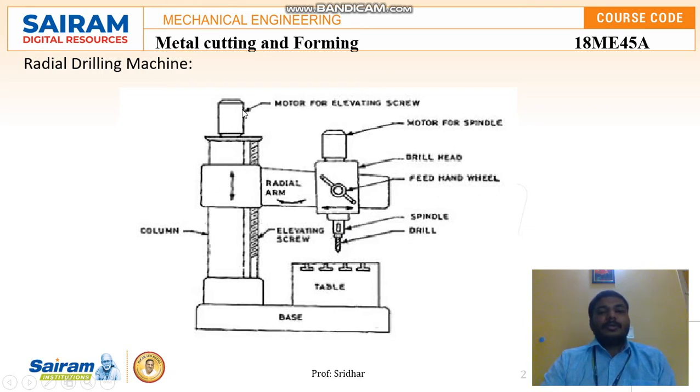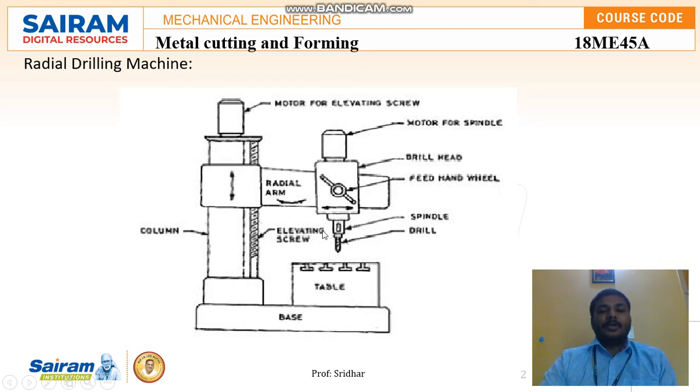Now coming to the motor, it is fixed above the column. The motor is connected to the main drive, so whenever the main drive runs on the power supply, the motor also starts running. The motor is connected to the radial arm, and through the radial arm to the drill head.